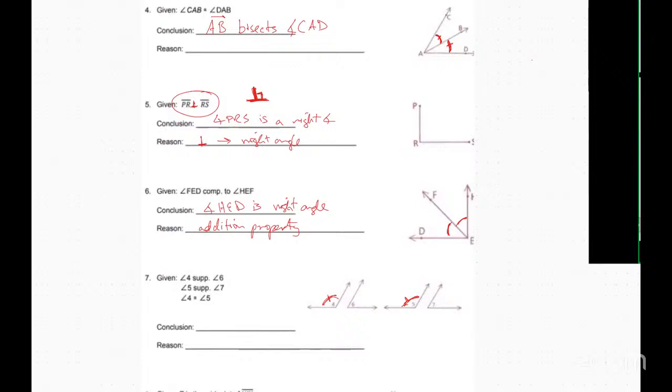So if 4 is supplementary to 6 and 5 is supplementary to 7, and 4 and 5 are equal to each other, then 6 and 7.